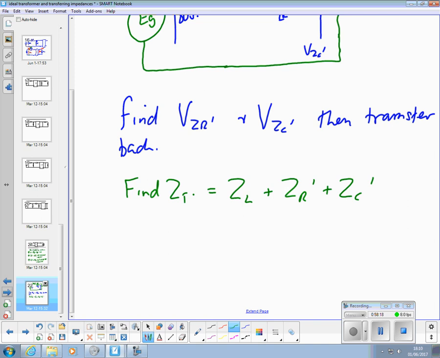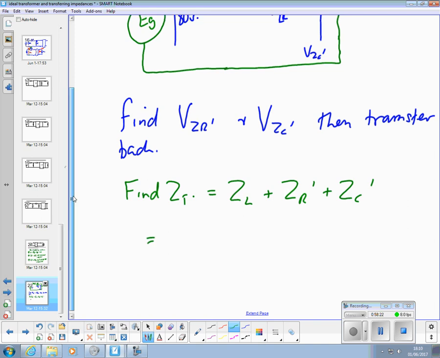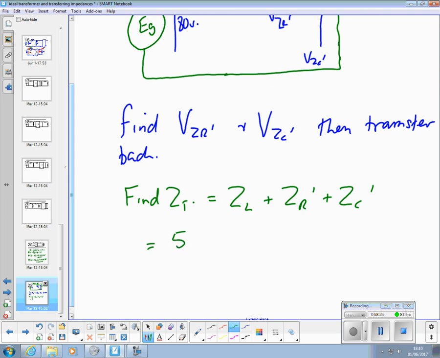Now, what do we need to do so we can add them together? Convert them to rectangular. So we've got a 5 angle 90 degrees. How do we transfer that? Doesn't need a calculator.